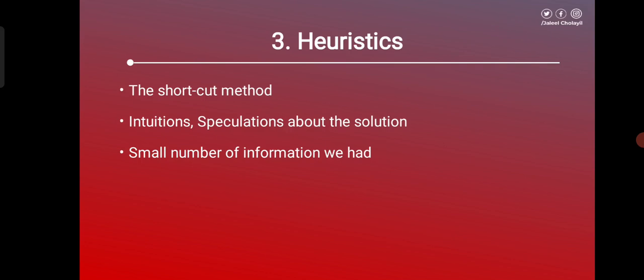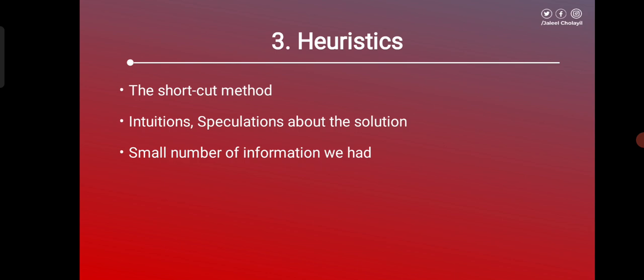In simple terms, heuristic is the shortcut method. Here we take less risk, or we have less work, as we just go with a shortcut method. We use intuitions and speculations to find a solution. Sometimes we get an intuition about a solution, or for some kinds of problems we feel in a sudden moment that it may work, and at that time we go with that.